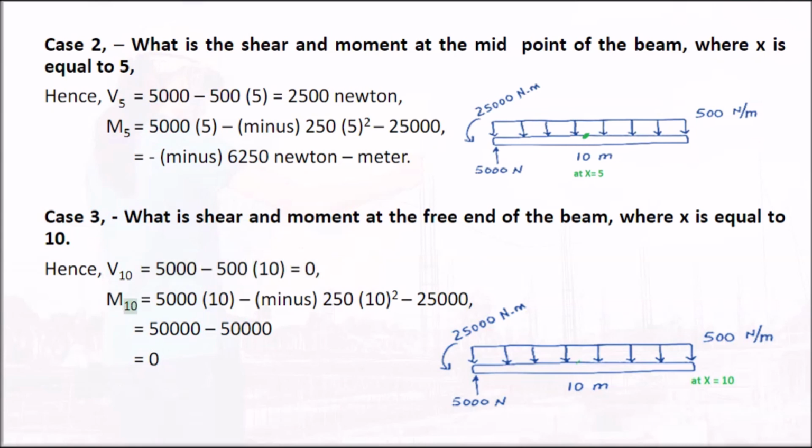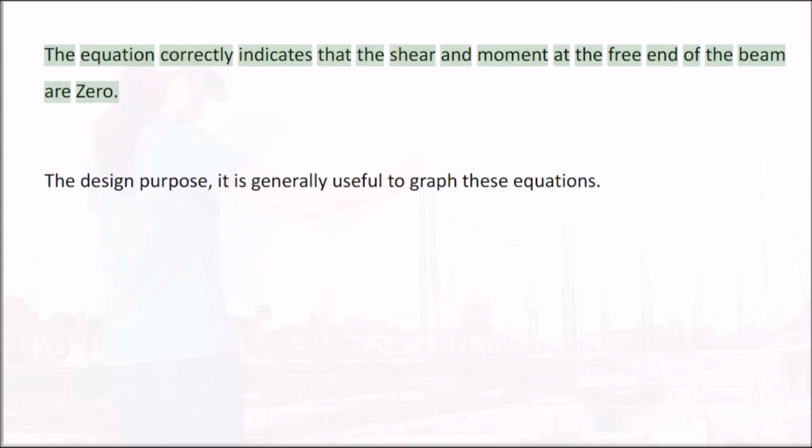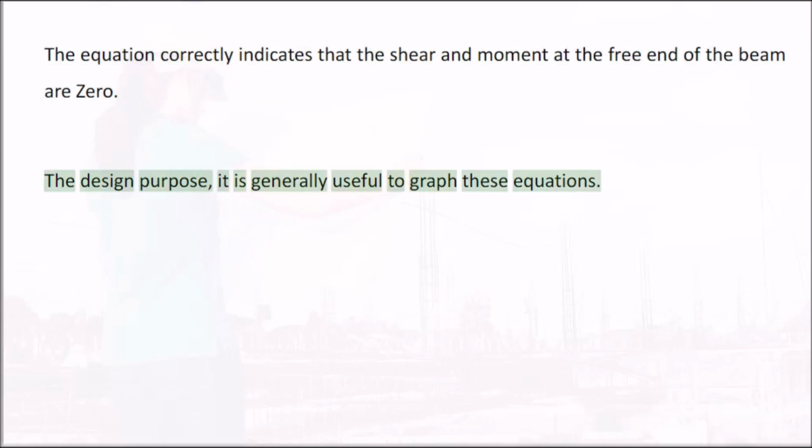M(10) equals 5000 times 10 minus 250 times 10² minus 25,000, equals 50,000 minus 50,000, equals 0. The equations correctly indicate that the shear and moment at the free end of the beam are 0. For design purposes, it is generally useful to graph these equations.